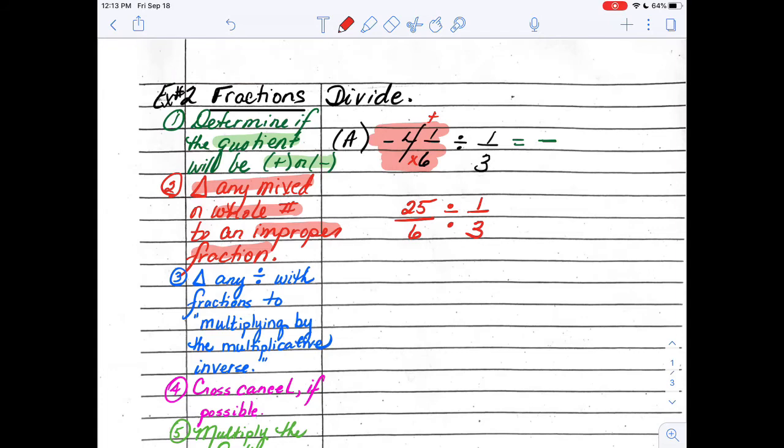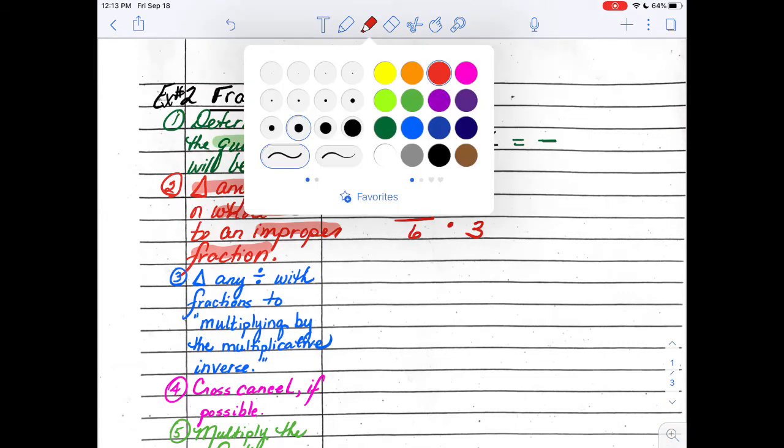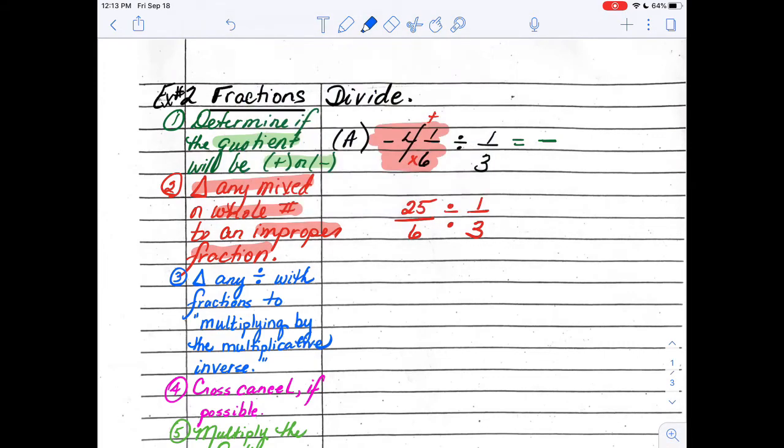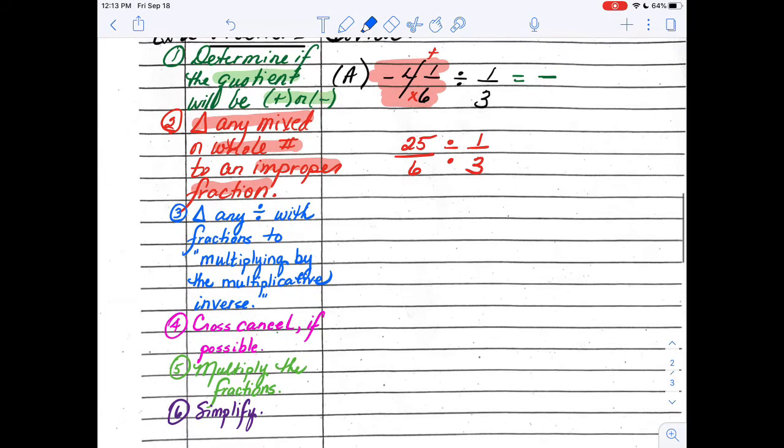Now, just like with subtracting in math means to add the opposite, when you divide with fractions, that dividing actually can be changed to multiplication.